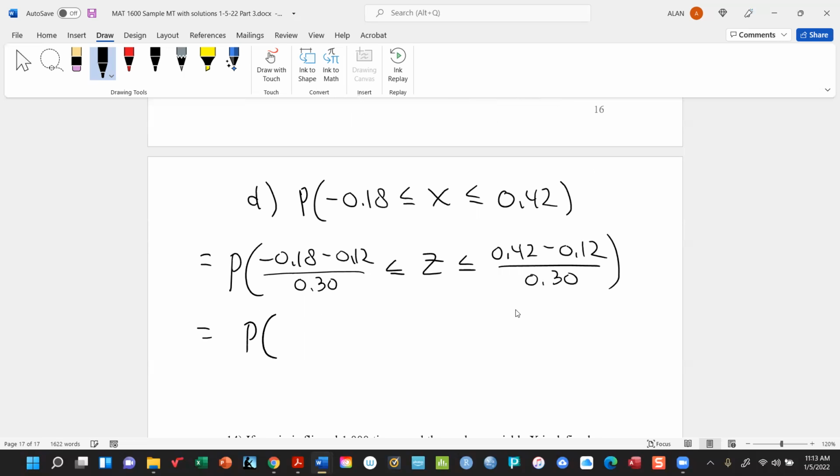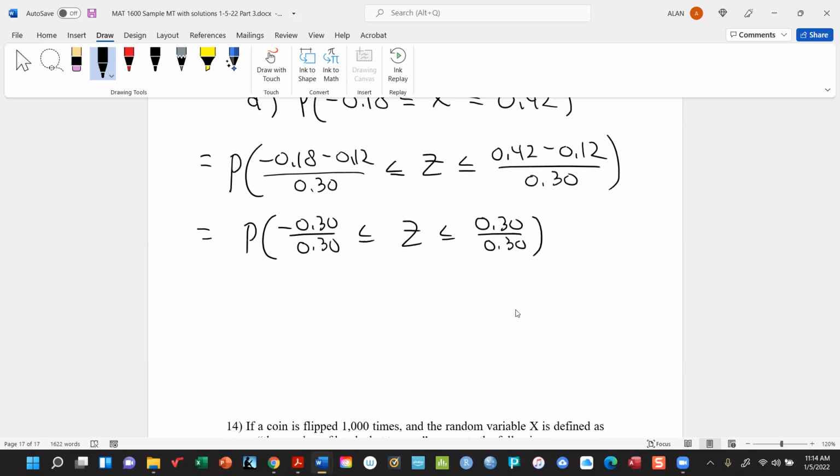All right, so we have negative 0.30. So what we wind up with is the probability that Z is between negative and positive 0.1.